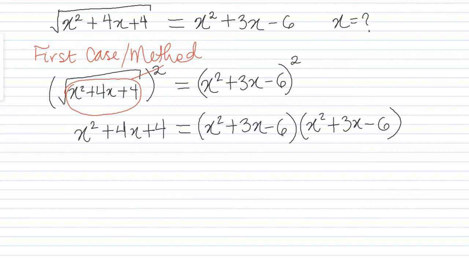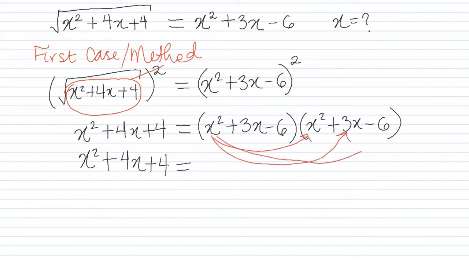When you go ahead and do this, you end up on the left hand side with x squared plus 4x plus 4, and when you FOIL or expand these two groups of terms in brackets, you multiply x squared and x squared here, and do the same thing here and here.